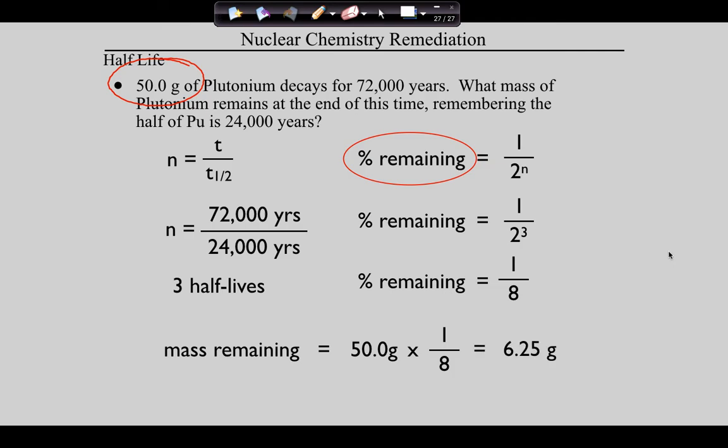And that would be the mass remaining, which is what we're actually solving for, the mass remaining of plutonium. So that's one of the types of problems that you need to be able to solve. You'll be given the time of a half-life, and you will be given an amount of time that the sample decays, and you will be given a starting mass, and you need to figure out the mass that remains.